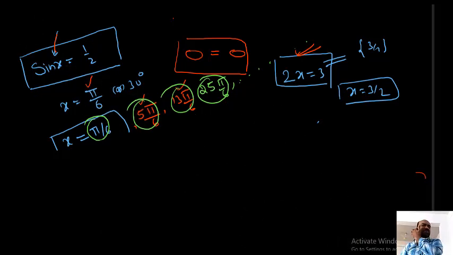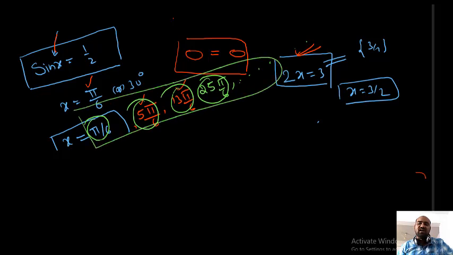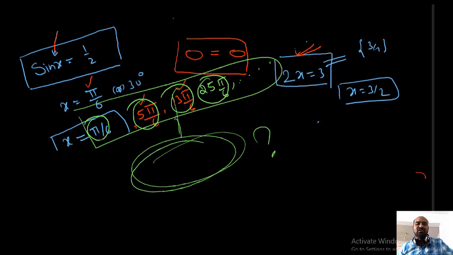One solution is pi by 6, another solution is 5 pi by 6, another solution is 13 pi by 6, but we want to generalize all these. You want to write all these solutions by using a single formula. How to write? You want to write a formula here, so that the formula should be satisfied by all these solutions. Finding such a formula is known as finding the general solution of the given trigonometric equation.